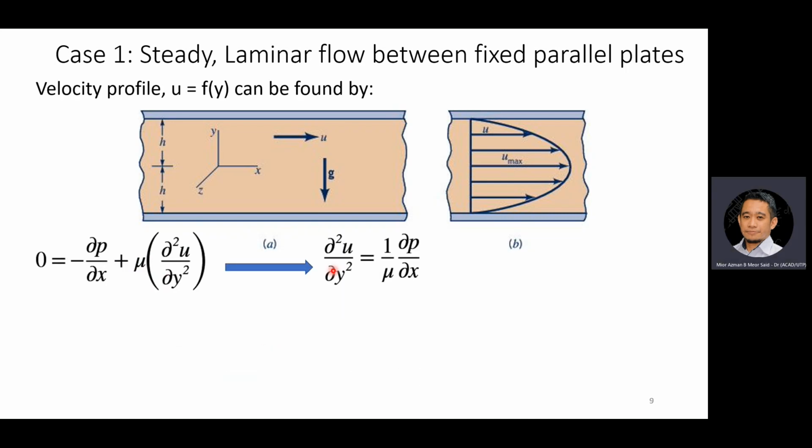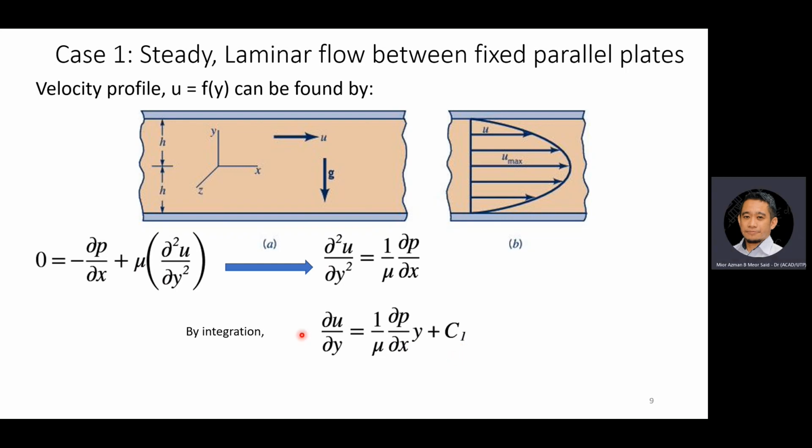So we rearrange here: partial squared u over partial y squared equals the pressure term on this side and the viscosity below. By now you can see this familiar form. Now you can apply the integration: partial u over partial y equals 1 over viscosity times partial p over partial x, y, plus a constant C1.